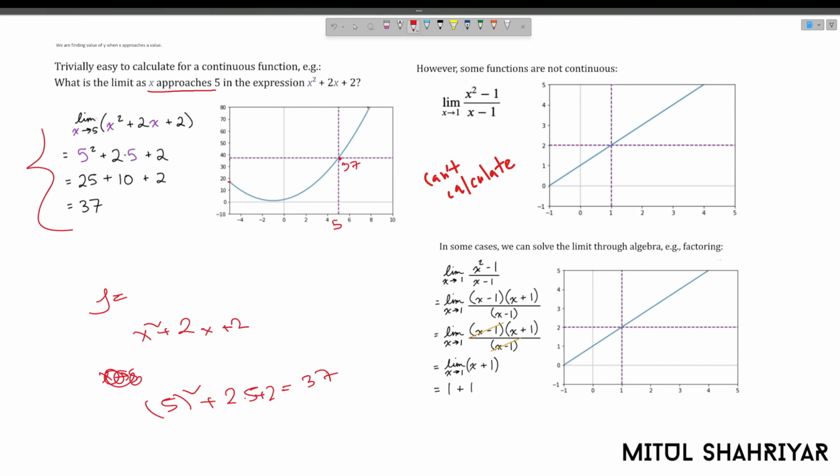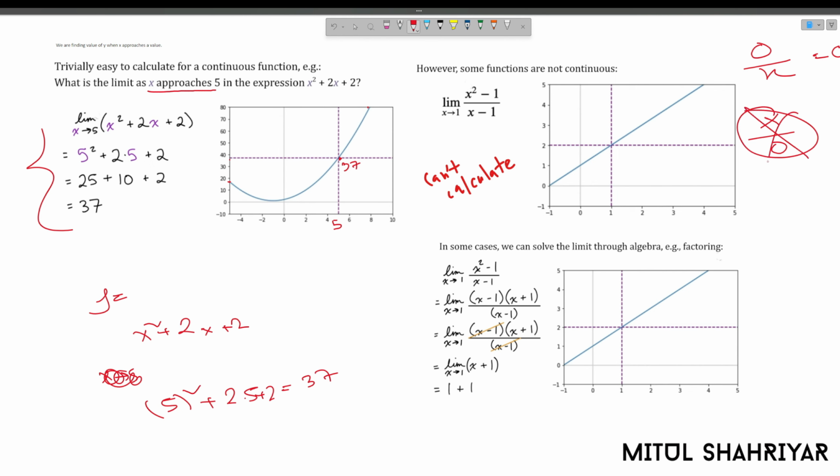We have got the value, but there is some problem. In mathematics we can't do certain things, which is we cannot divide something by 0. Although we can divide 0 by something, which we get as a whole 0, no problem with that, but we cannot do this thing.